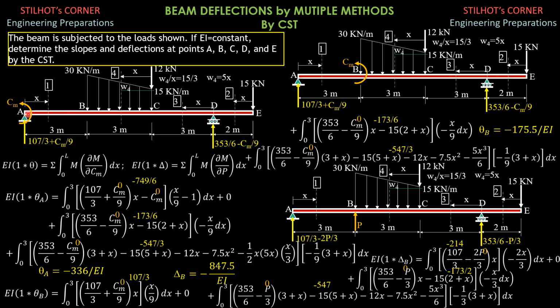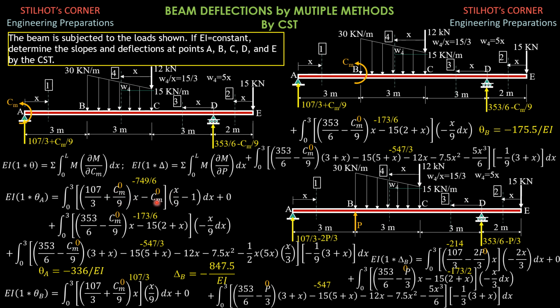So for slope at A, the moment at this section is the quantity 107 over 3 plus C sub m over 9, times x. Then the derivative of this moment equation with respect to C sub m is x over 9.